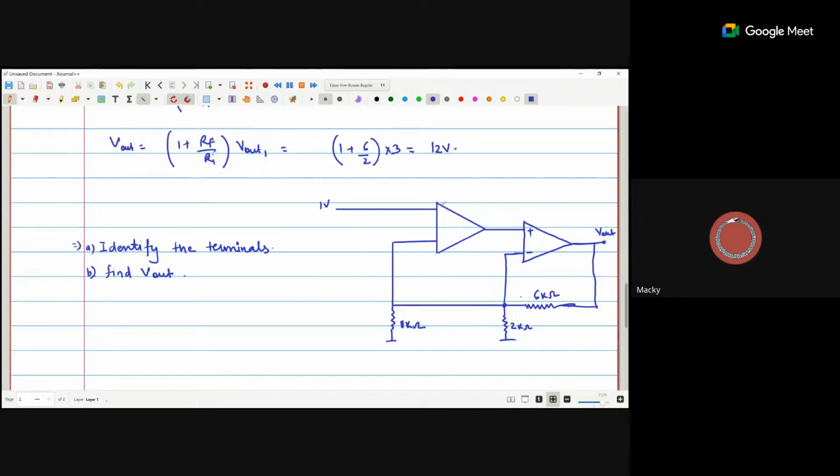Positive for 1 volt, and negative for this one. And what is output voltage?